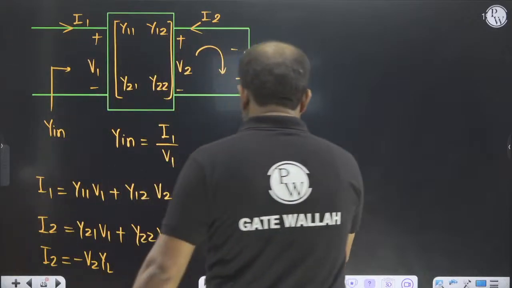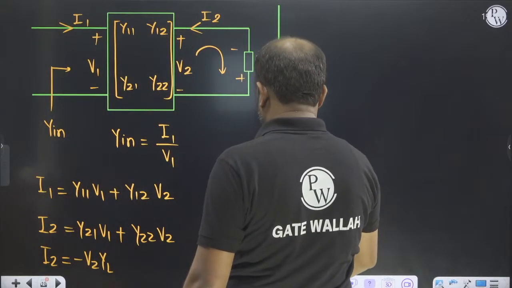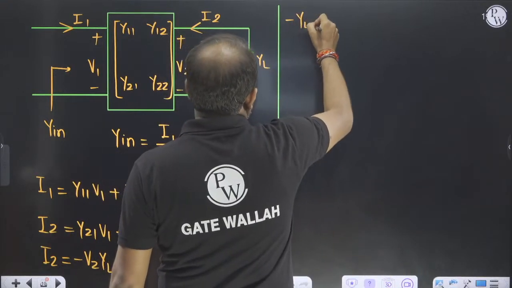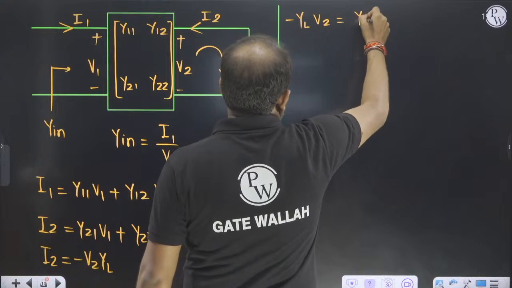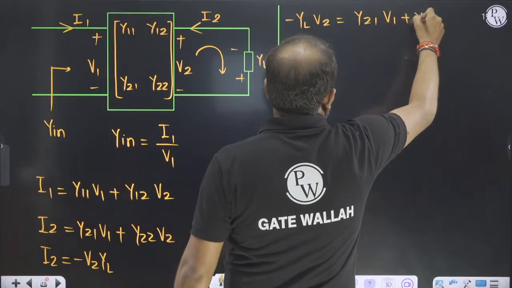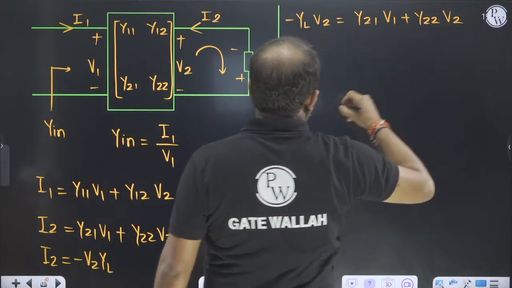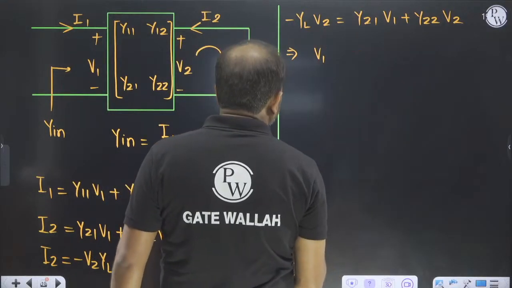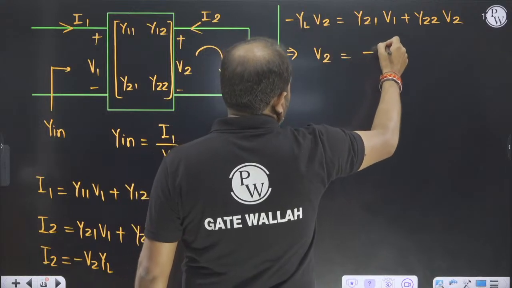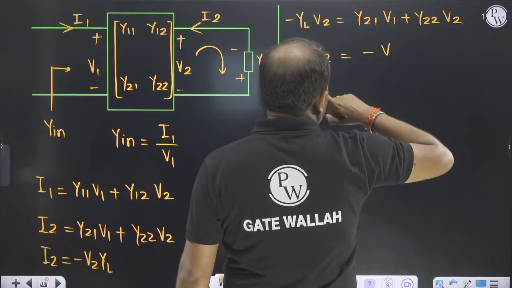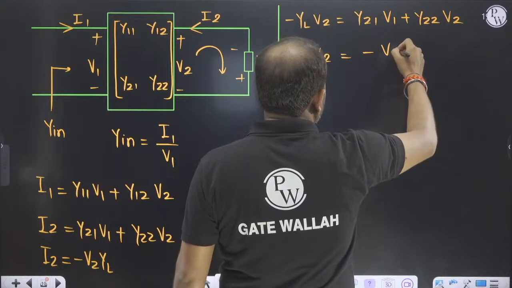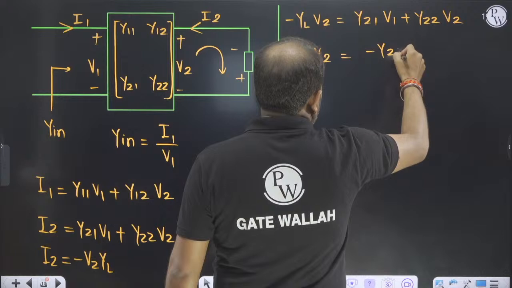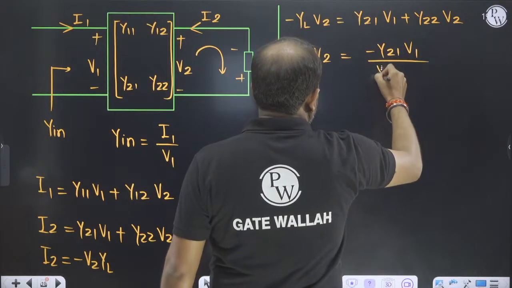Then substitute equation 3 into it: Y21 into V1 plus Y22 into V2. So V2 will be minus Y21 into V1 divided by Y22 plus YL.